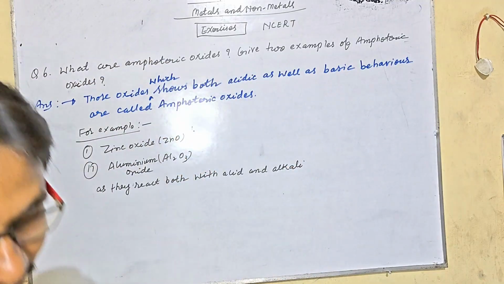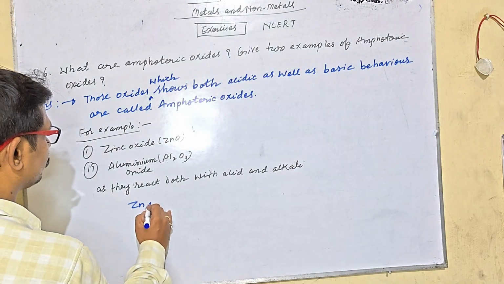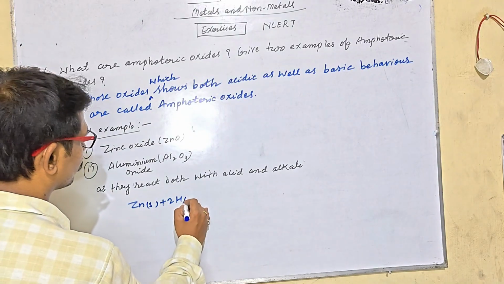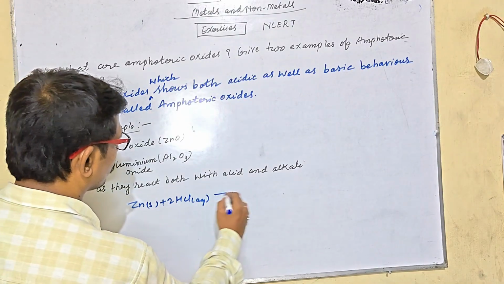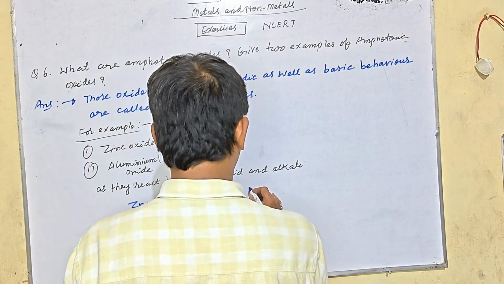How do they react? Let us see. Zinc plus 2HCl gives ZnCl2 plus H2.